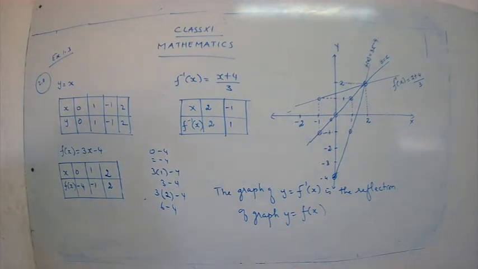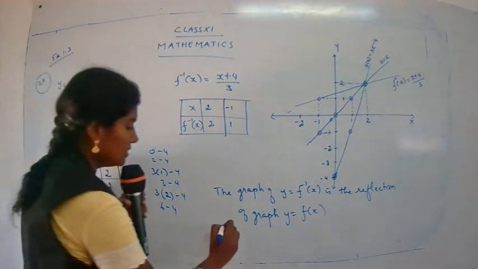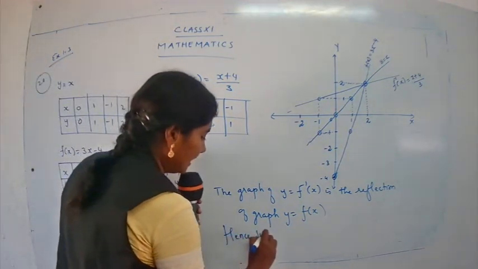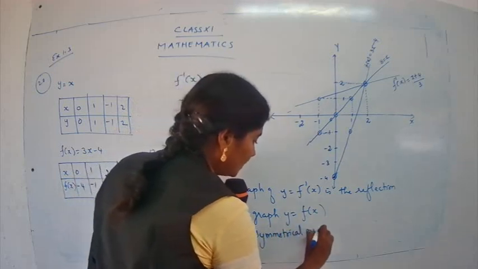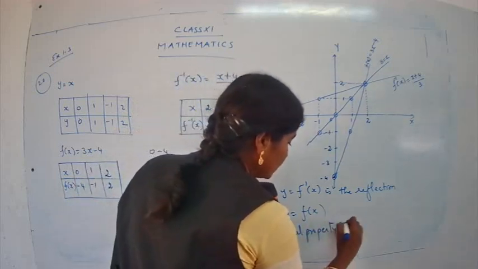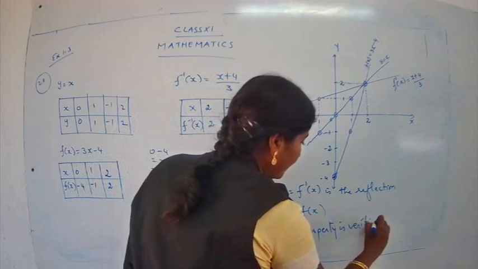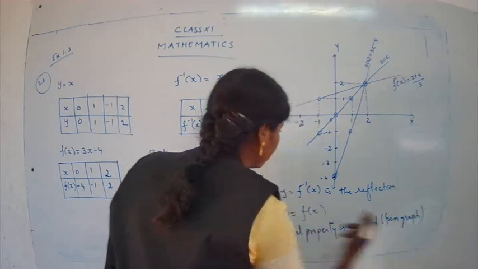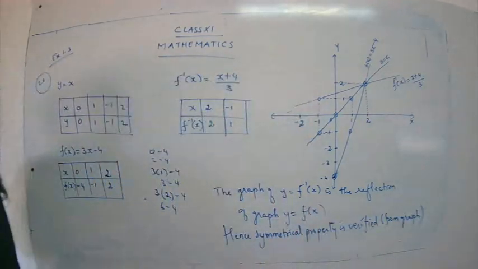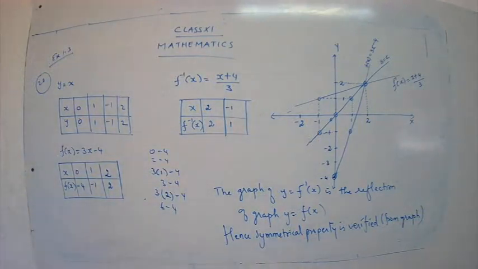So what can I say? Hence, symmetrical property is verified from the graph itself. I am verifying the symmetrical property by the graph. So complete the answer.